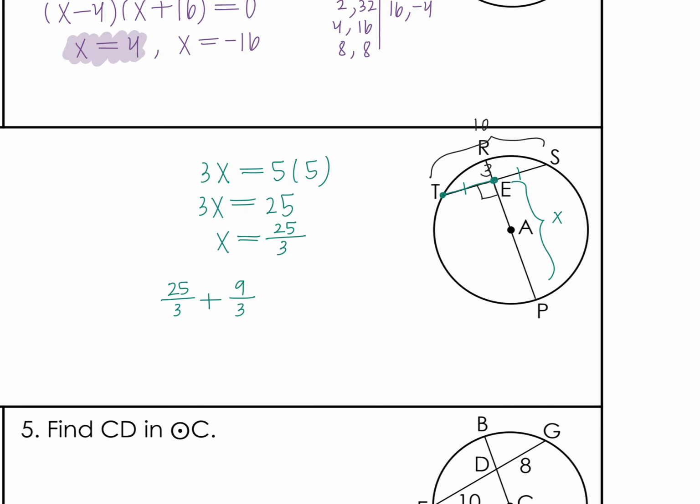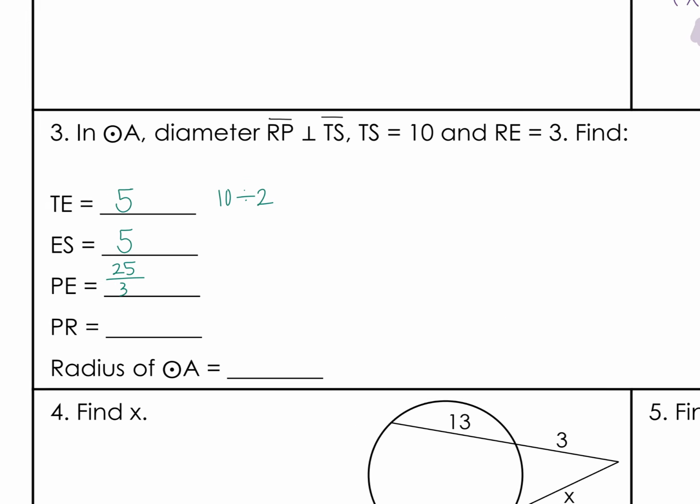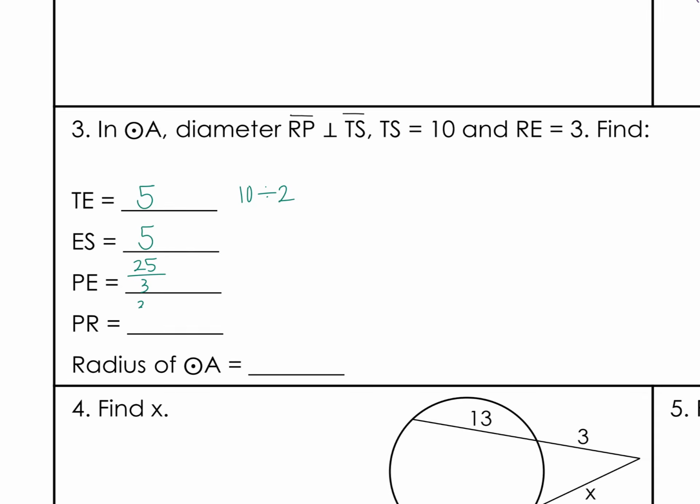For those of you that need to see my scratch work, I took that 3 and multiplied it by 3 over 3, which is giving me that 9 thirds, so that I have that same denominator and can add these two together. 9 plus 25 is going to give me 34, and then we'll have that over 3. So my PR is 34 thirds.